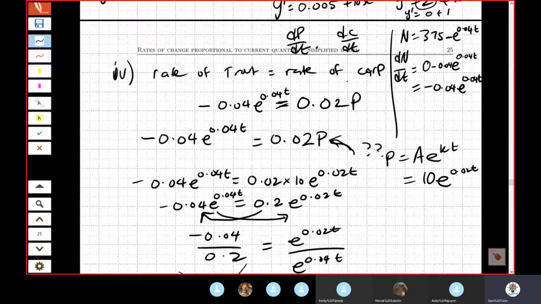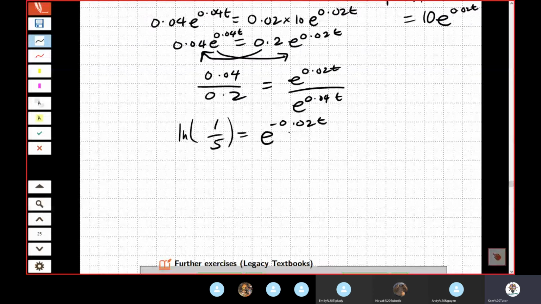Here we go. ln 1 on 5 equals e negative 0.02t, and then of course log this side, so this cancels out, we divide it, and we shall get the answer as log 1 over 5 divided by negative 0.02, t is equal to 80.47.